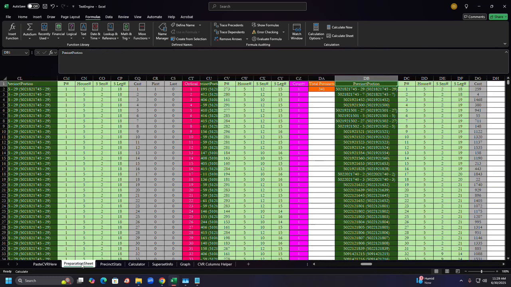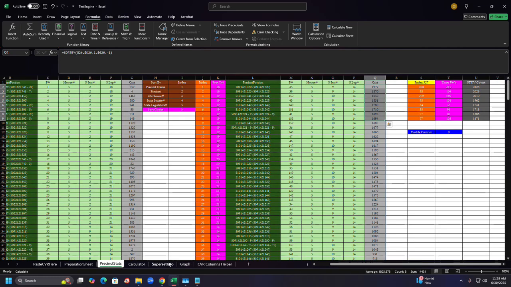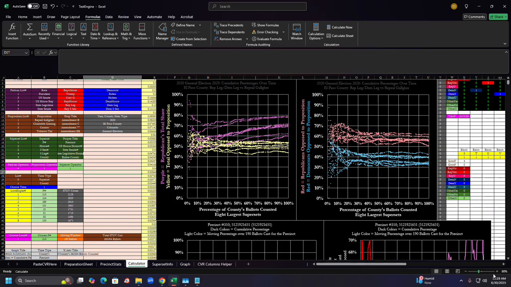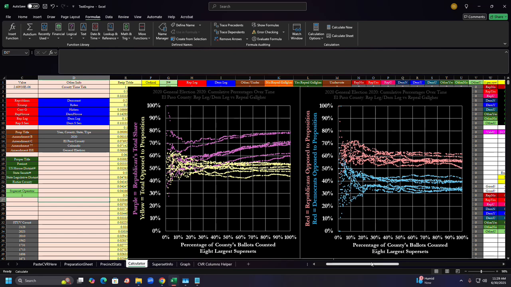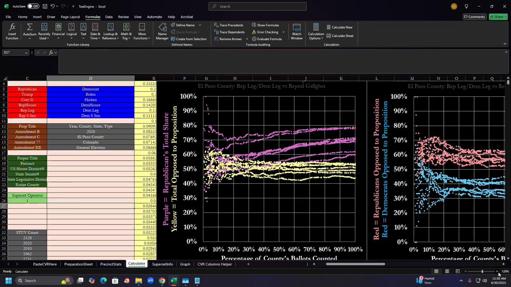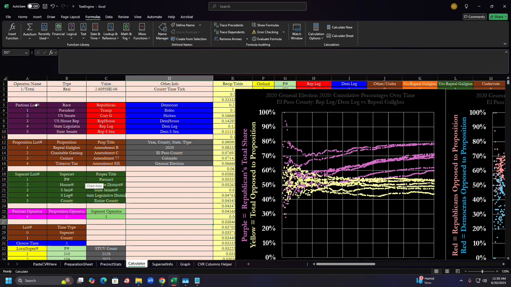All right, so we did this. This is where the main calculations happen. And this is the engine, the main engine. So let's go. We have 5 different partisan races that we chose: President, Senate, House of Representatives, State Legislature, State Senate.